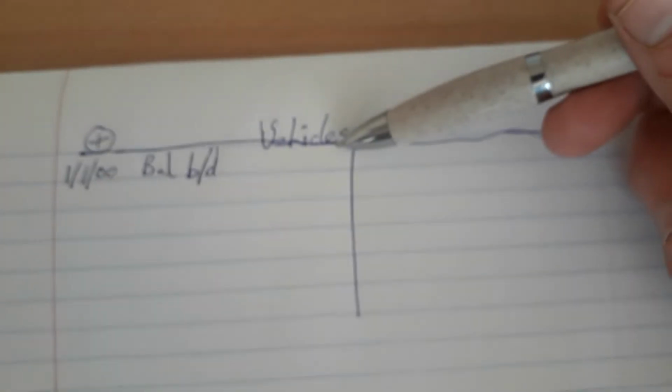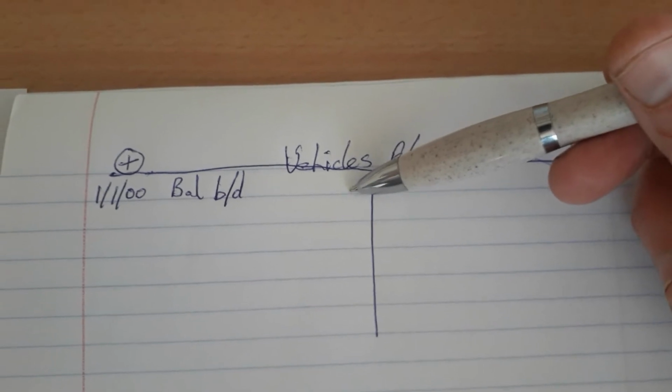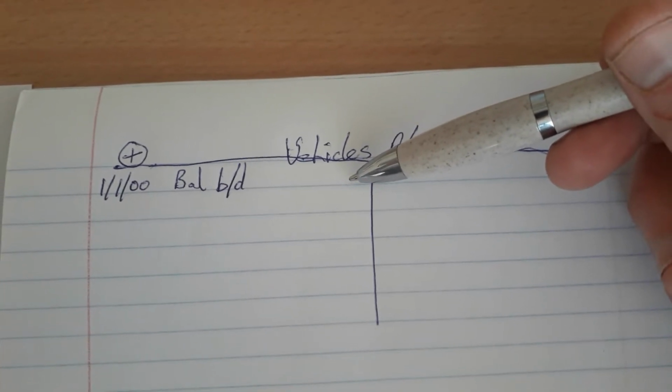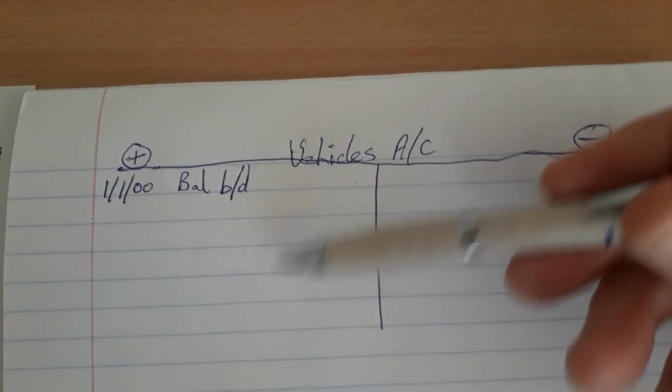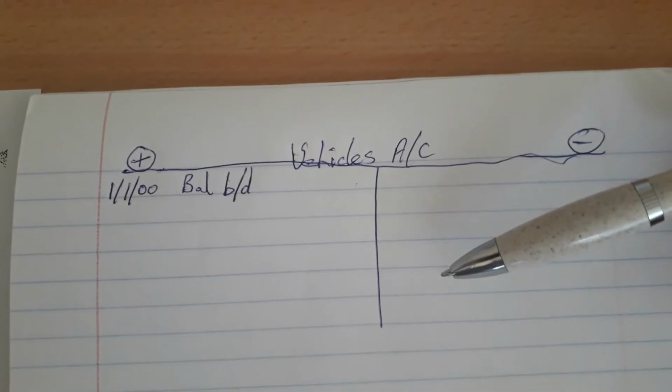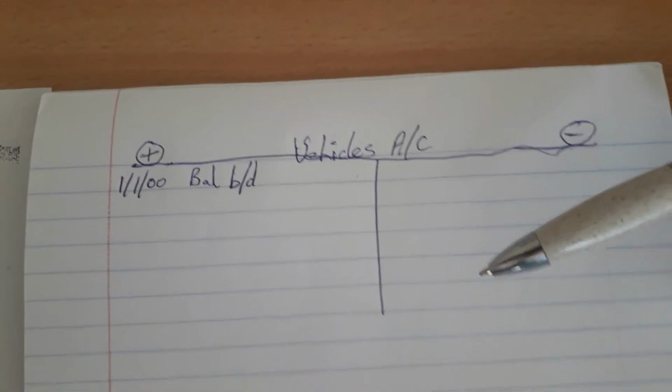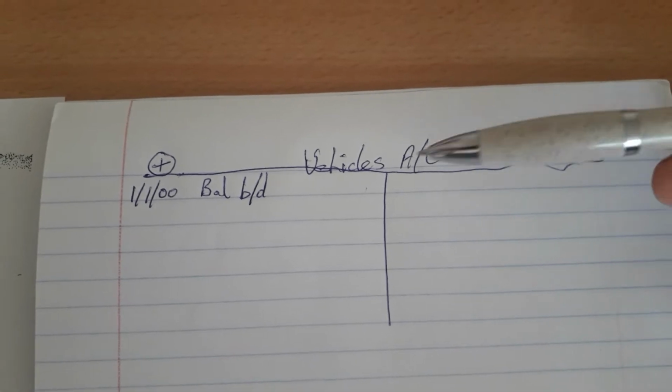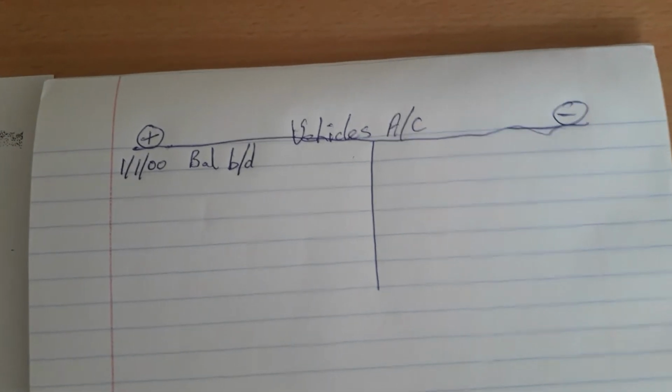Well, I shouldn't say value, because it's not the net book value we put in here, it's the cost, really. We don't include anything to do with depreciation in the vehicles account, just like we didn't include anything to do with depreciation in the land and buildings account in the revaluation question.